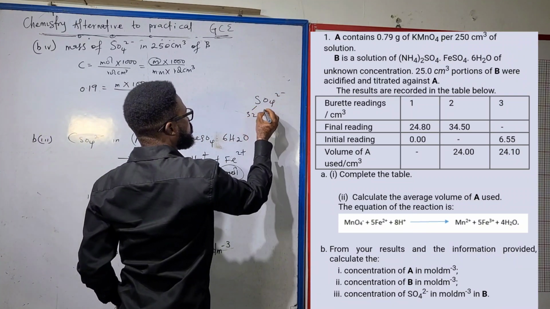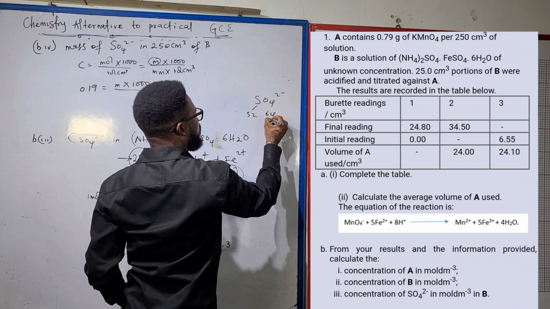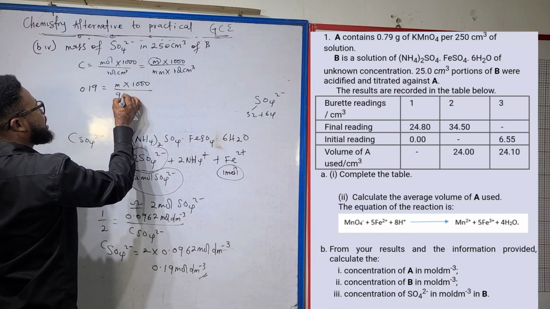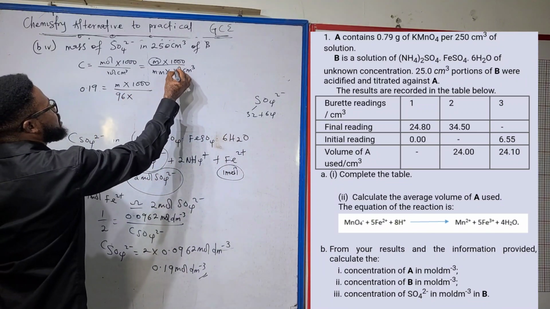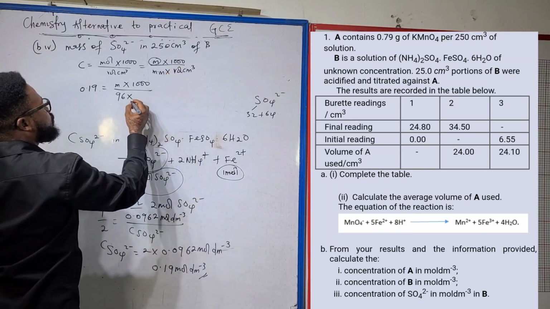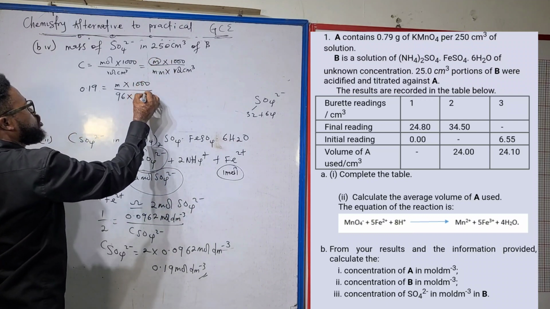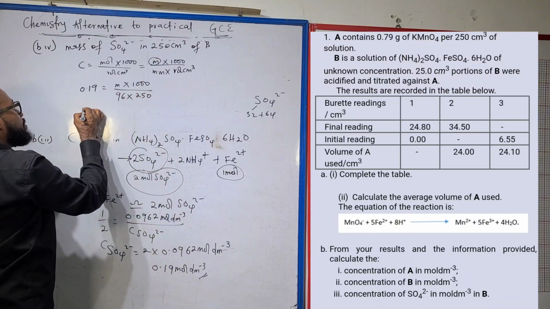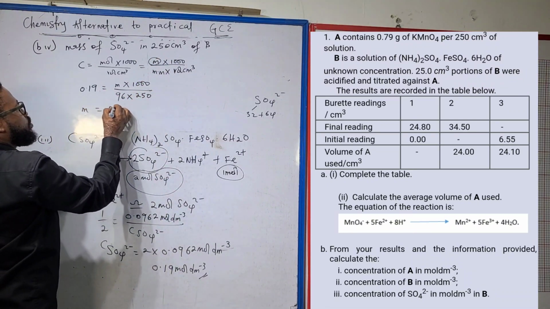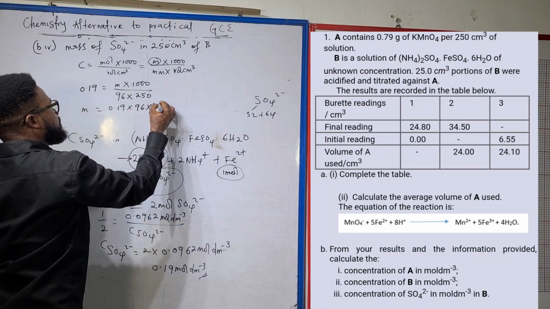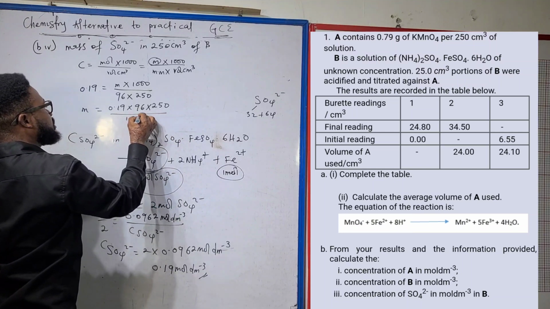Sulfur is 32, 16 times 4 is 64, 64 plus 32 is 96, so that's 96 times the volume in cm cube, that is 250 cm cube. So my mass is going to be 0.19 times 96 times 250 divided by 1,000.